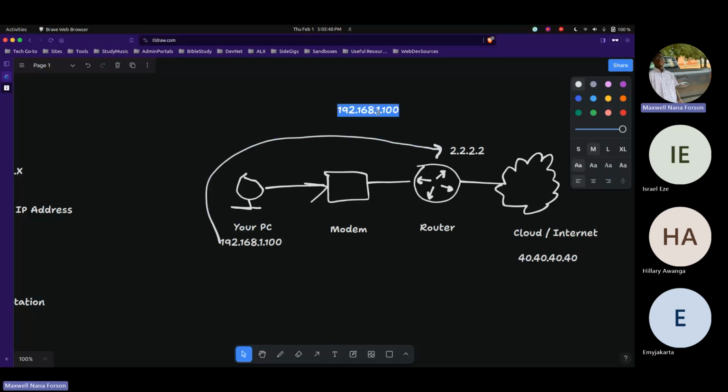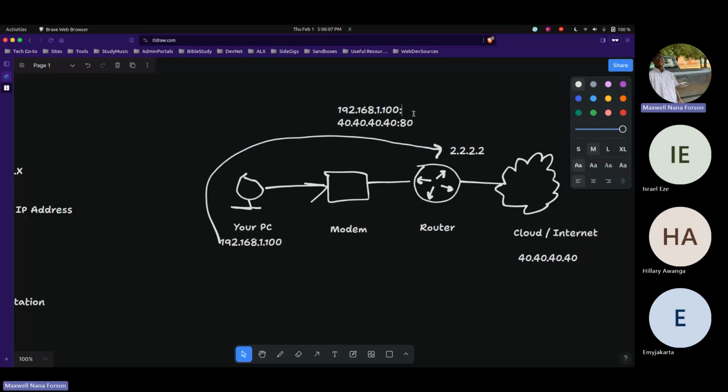Yesterday I also mentioned that the combination of an IP address and a port number is called a socket. Let's say we are trying to go onto the internet, and we understand that port 80 is for the web, right? So we are trying to go to the IP address 40.40.40.40, which is hosting a web server, right?